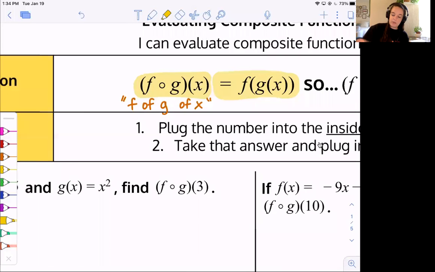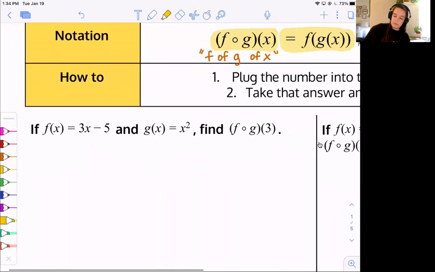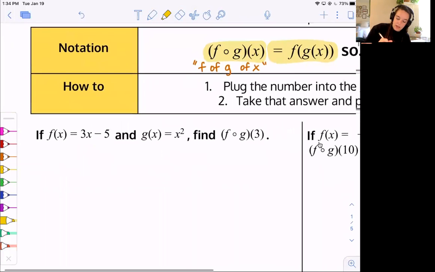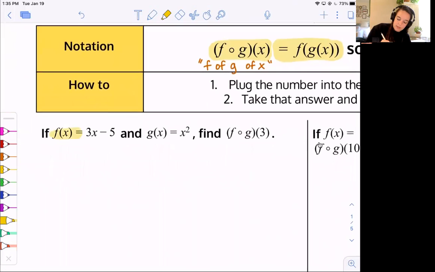All right, so we are going to do some of these problems. I'm going to start here. In your notebook or wherever you're writing things down, I want you to write down f of x equals 3x minus 5, g of x equals x squared, and you're going to write down f of g of 3.